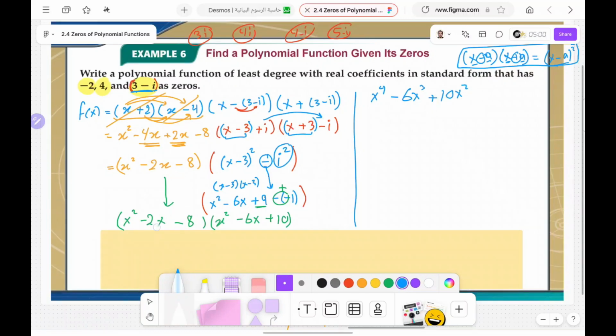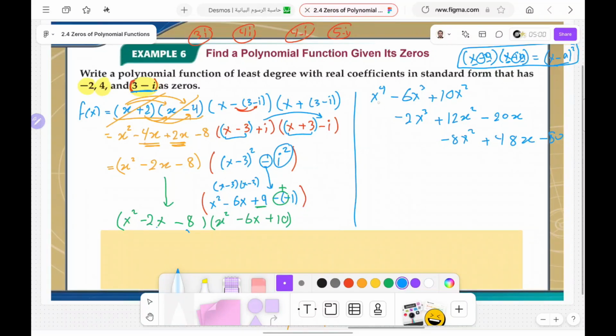Then I multiply -2x: -2x times x squared is -2x cubed, -2x times -6x is positive 12x squared, and -2x times 10 is -20x. Then multiply -8: -8 times x squared is -8x squared, -8 times -6 is positive 48x, and -8 times 10 is -80.